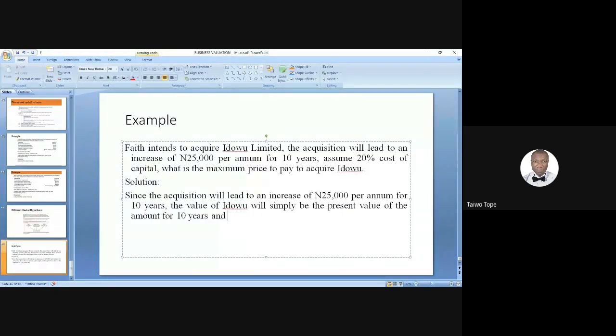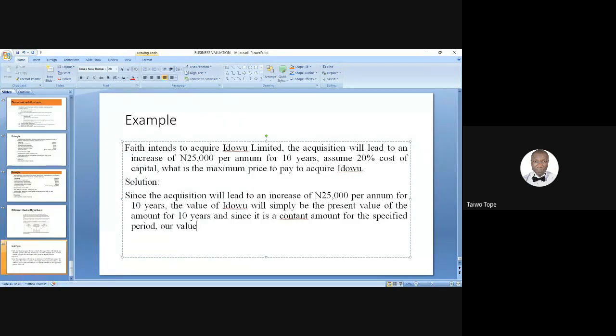And since it will be a constant amount for the specified period, what will now be our value?